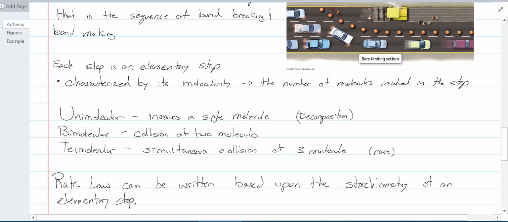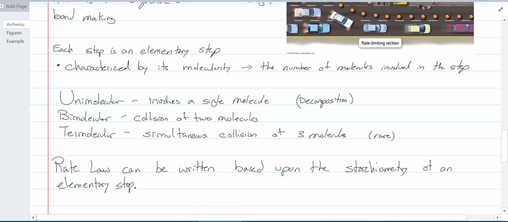So not the overall reaction, but the elementary step. And the slowest step is the rate determining step. So the slowest step is the rate determining step.